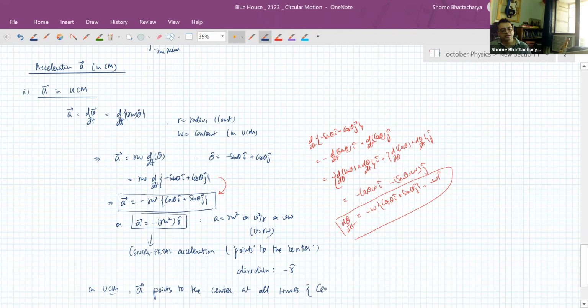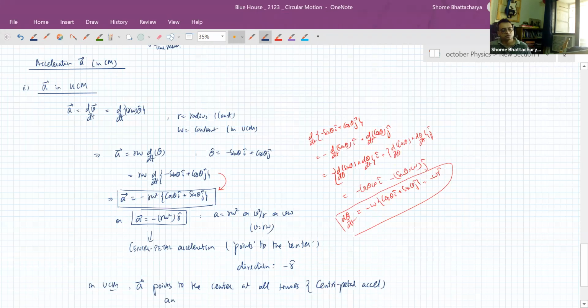It's called a centripetal acceleration, and has a constant magnitude. It's not a uniform acceleration because the direction of acceleration is changing, but the magnitude of acceleration is uniform.